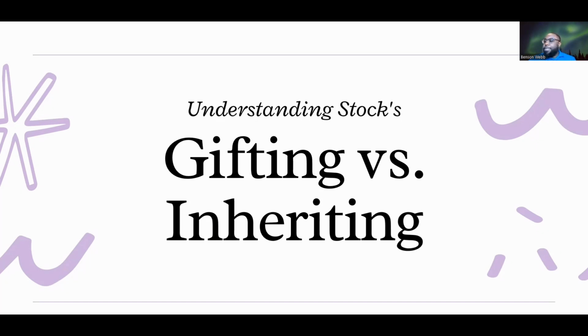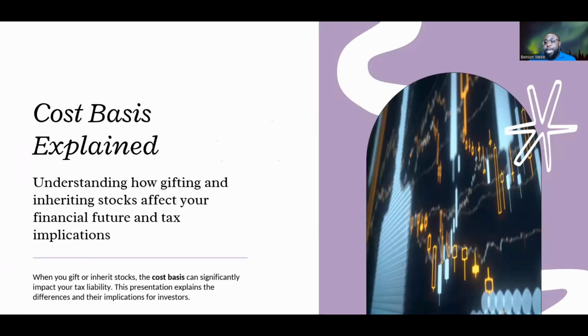So, first things first, we have to understand what cost basis means, because in the financial industry they like to use very fancy terms. When it comes to cost basis, that's a term people use a lot, and it basically describes the original price you paid, how much you spent.